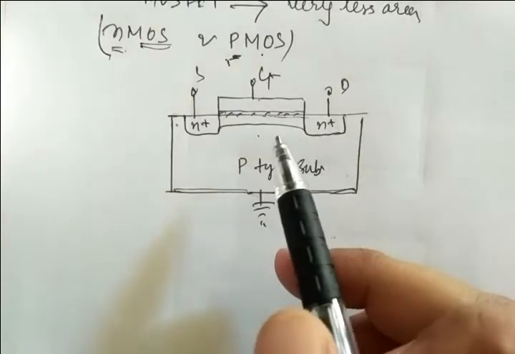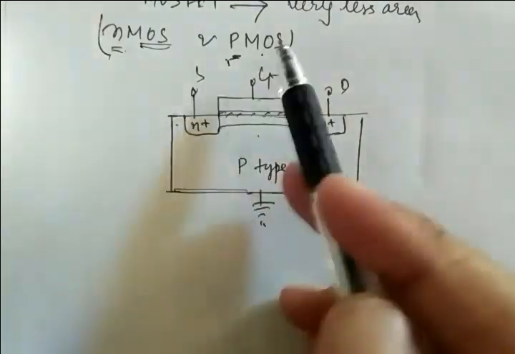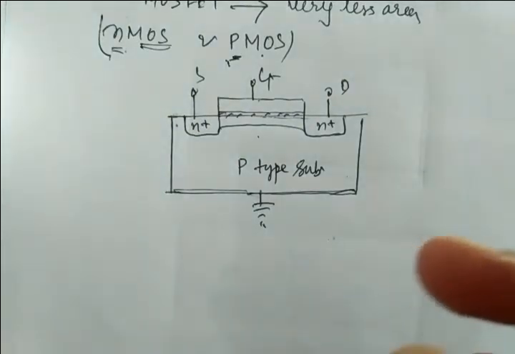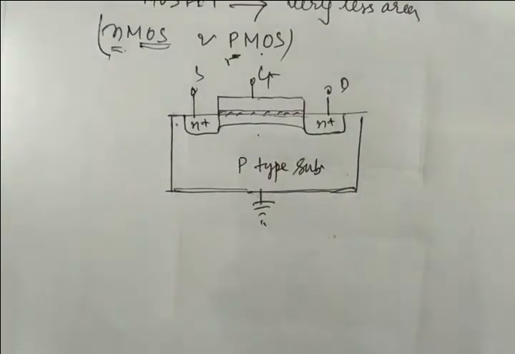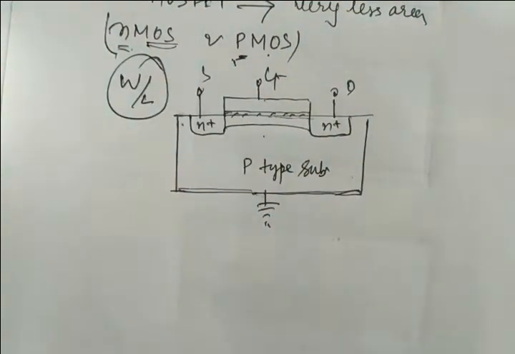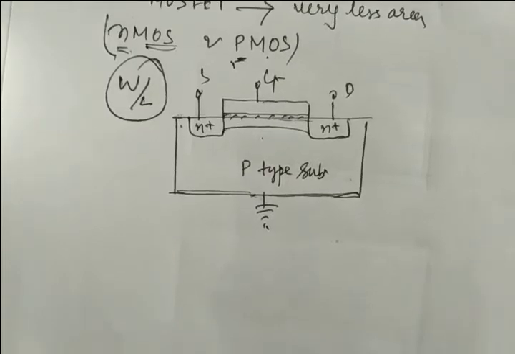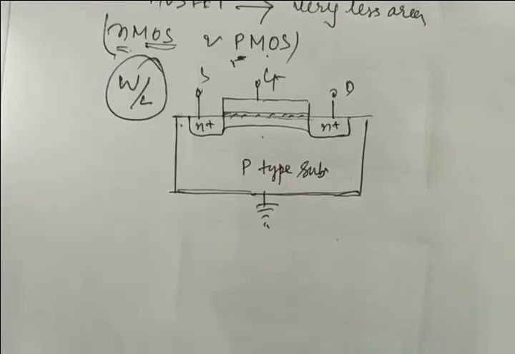If we see the 3D structure that I will share in my PDF, you will be able to see the channel width W and length L, because this W by L ratio is a very important parameter for the design of any MOSFET.